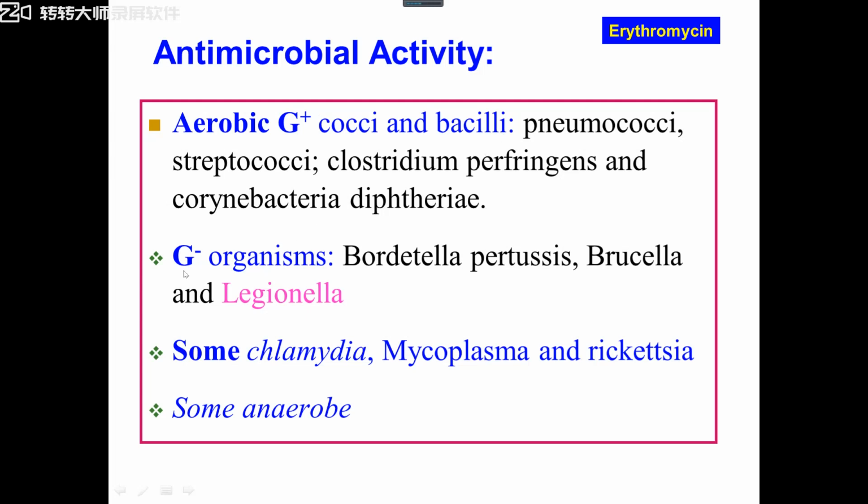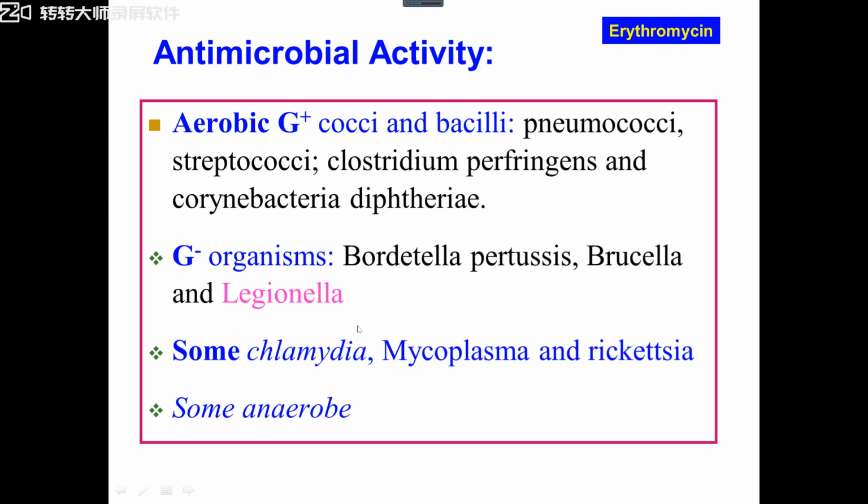They can also inhibit gram-negative organisms such as Bordetella pertussis, Brucella, and Legionella. And they can also inhibit Chlamydia, Mycoplasma, and Rickettsia.